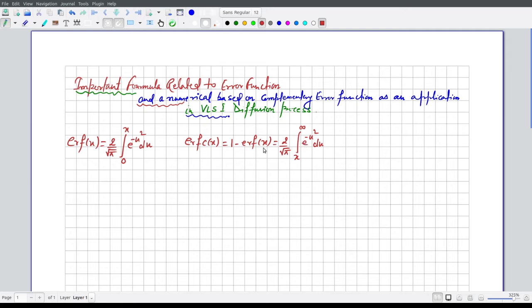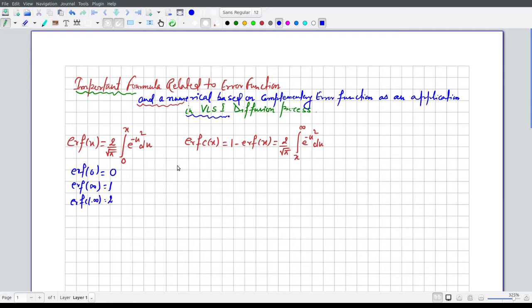Now some fundamental properties of the error function that we have to know. Erf of 0, what is the value? 0. And erf of infinity will be 1. One more formula that I want to write is for the complementary error function: erfc at minus infinity should be 2.